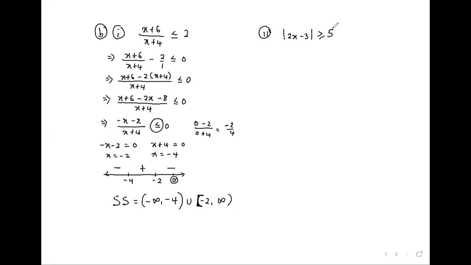Then question 2, to remove the absolute value, you say plus or minus (2x - 3) is greater or equal to 5. That means plus (2x - 3) is greater or equal to 5, or minus (2x - 3) is greater or equal to 5.